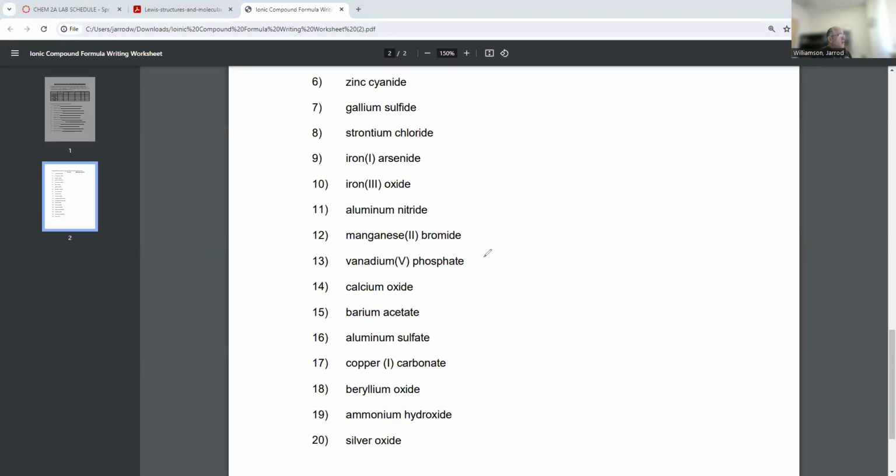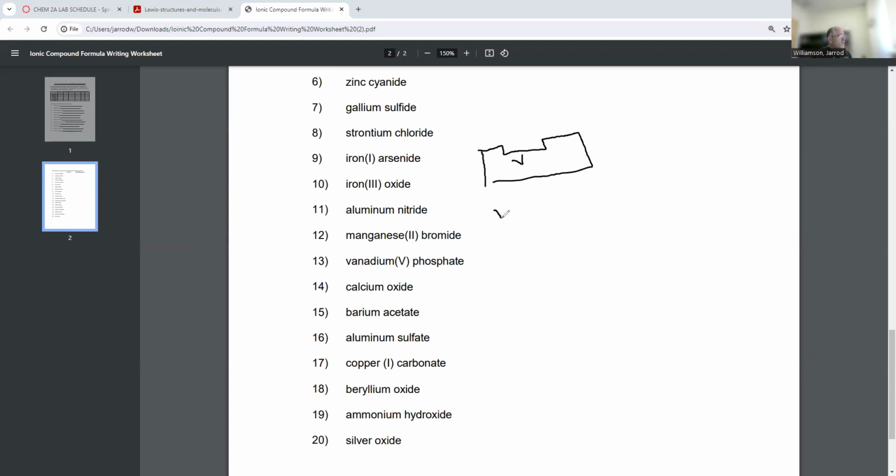When I look up vanadium on the periodic table, it is over in here somewhere in the transition metals. So I don't know its charge based on its location. That's why they give me a Roman numeral 5.